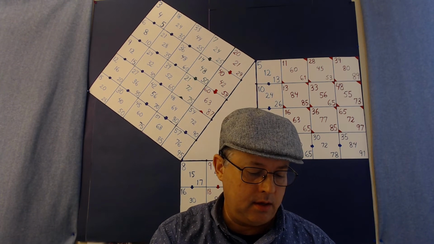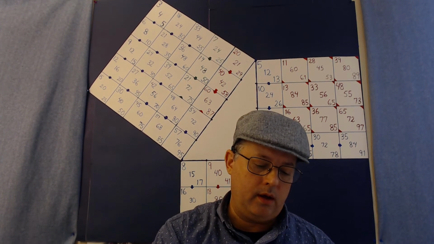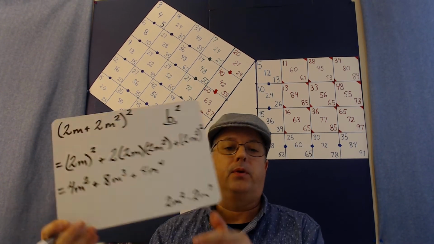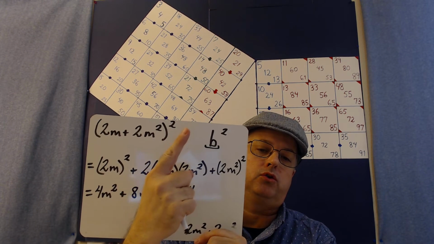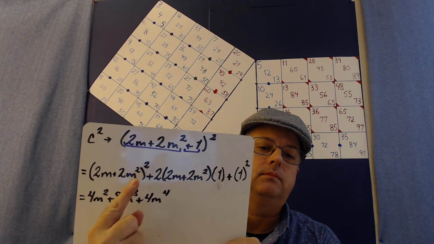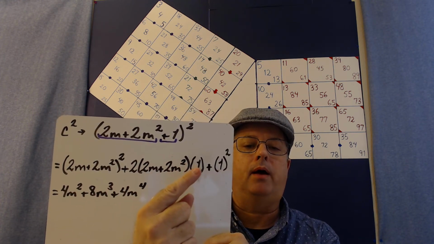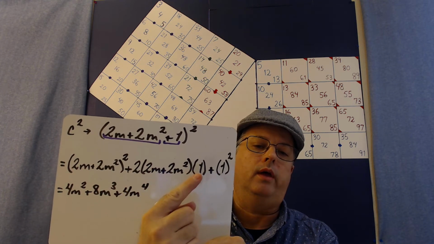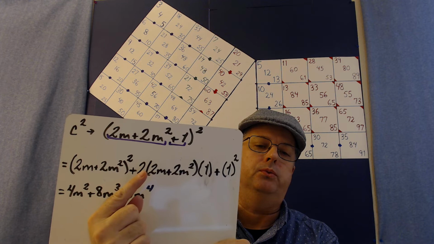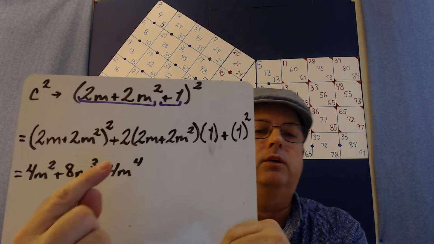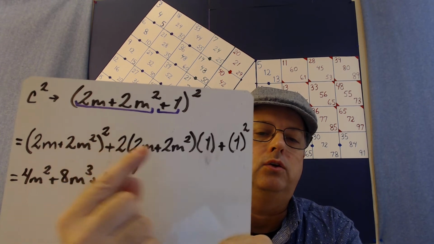So that's going to be 4m squared plus 8m to the third plus 4m to the fourth. So (2m + 2m²)² gives us that same expression that we had before. Now, when we multiply by 1, it doesn't change anything, so we can ignore that. We're just going to distribute this 2 through the parentheses. So that means we have 2 times 2m and 2 times 2m squared.